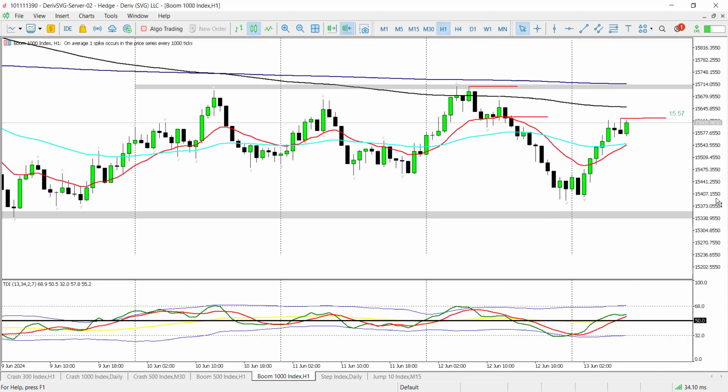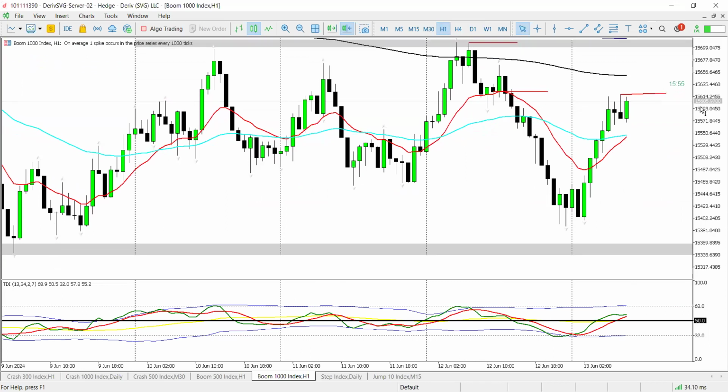So on H1, you see that we can actually get some pips. The only thing you need to wait for, if you're using moving averages, is for price to come above the 13 EMA to confirm the bias for that particular time or session or few hours. Once you get your bias, then you look for your pattern. Right now we're a bit far from the 13 EMA.